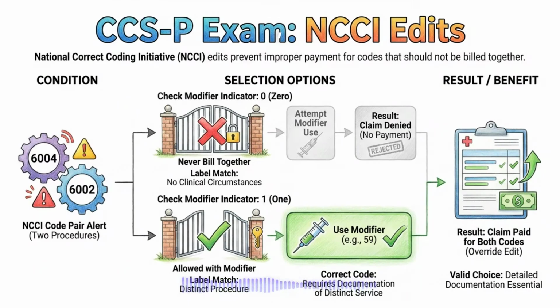A modifier indicator of 1 means that if the clinical documentation proves the 2 procedures were distinct, you are allowed to use a modifier like 59 to override the edit and get paid for both codes. This is exactly why detailed physician documentation is so important.